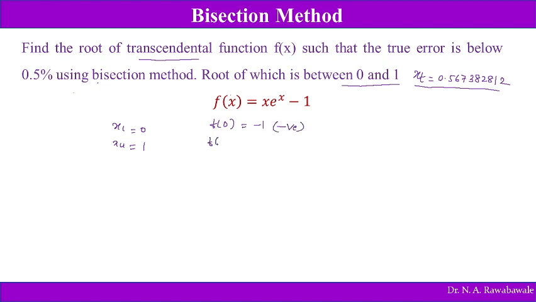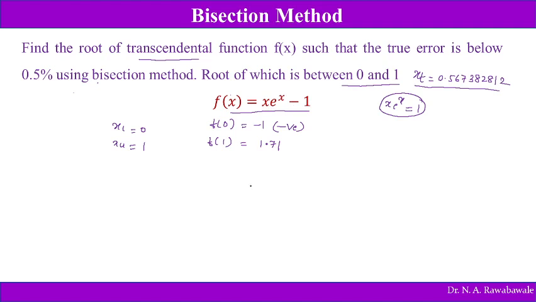If we substitute 1, then the function value is 1.71. Such functions are known as transcendental functions. It is given as x e to the power of x is equal to 1, so the function becomes f of x is equal to x e to the power of x minus 1.